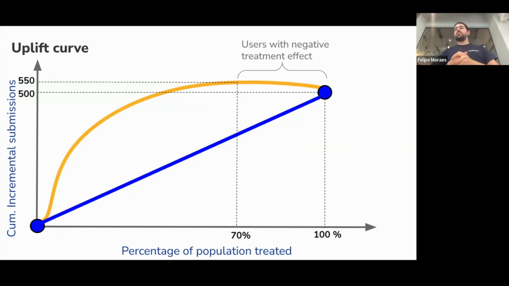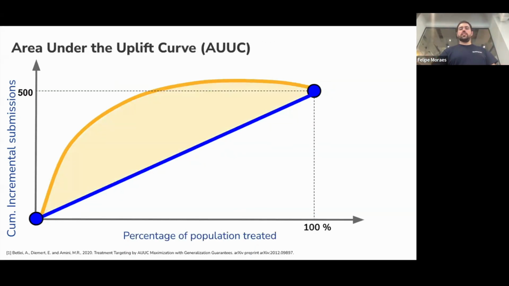So sometimes if you don't give the treatment to everyone, actually you are better off than giving it to everyone. But this honestly just happens for certain types of campaigns. So what I want to say here is that there can be a negative effect. So you can even go above the endpoint here. And how people usually measure, oh, sorry.